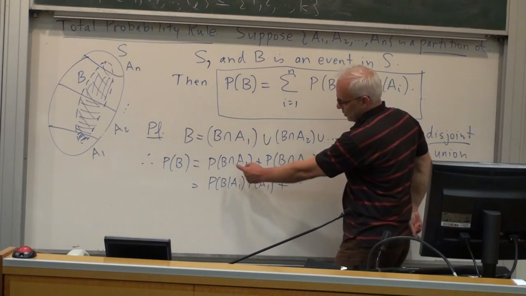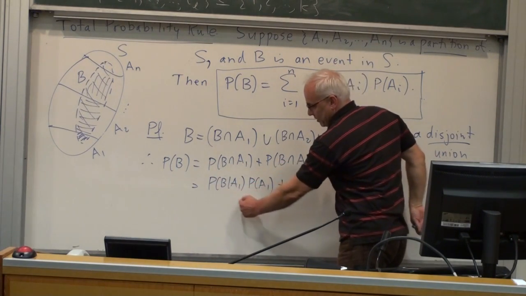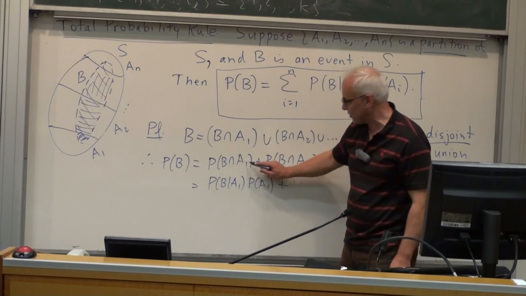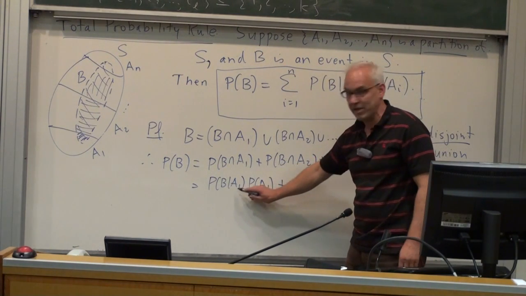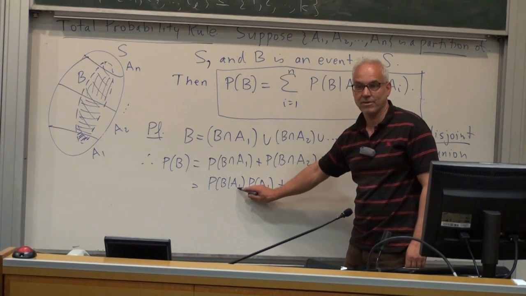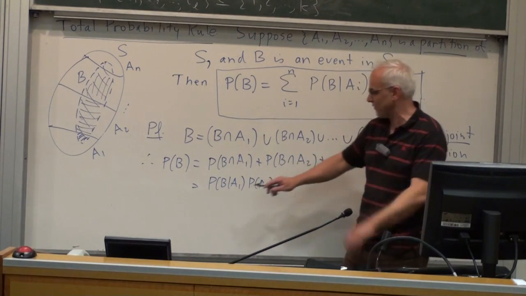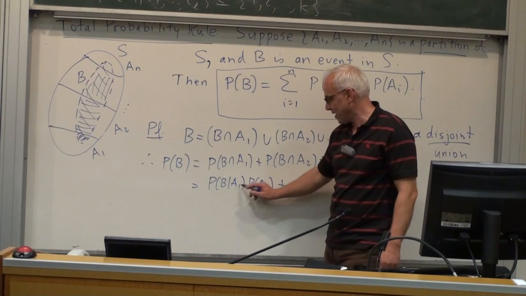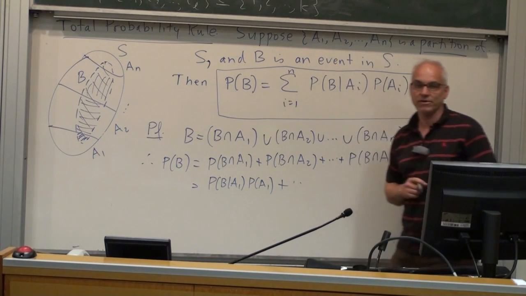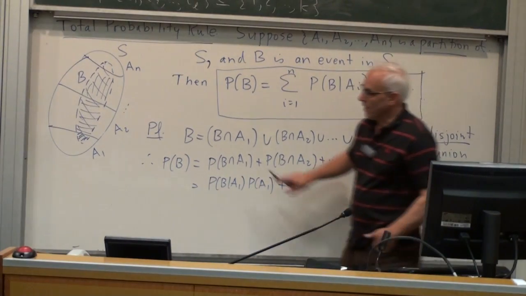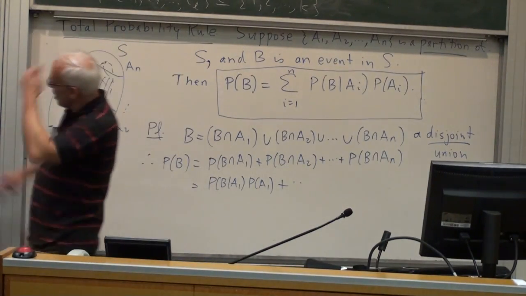Just have a look at that. So remember, what is the conditional probability? It's defined to be the ratio of the intersection probability divided by the probability of the second piece. And so the intersection probability is the product of the conditional probability times the probability of the second component. That's an immediate consequence of this.